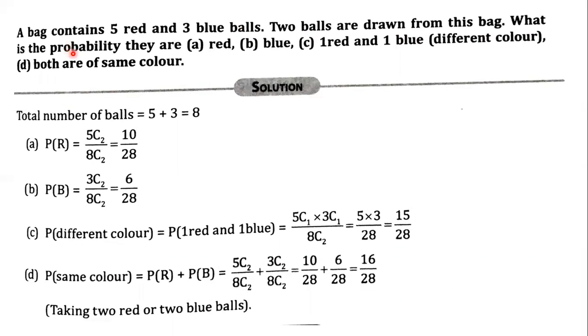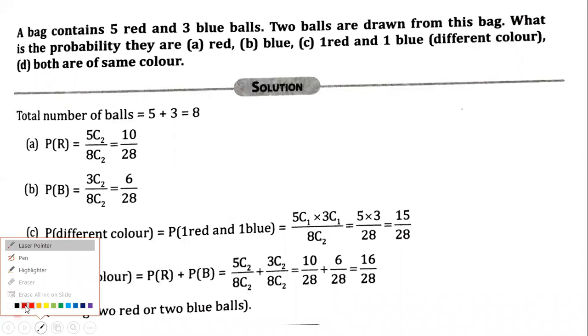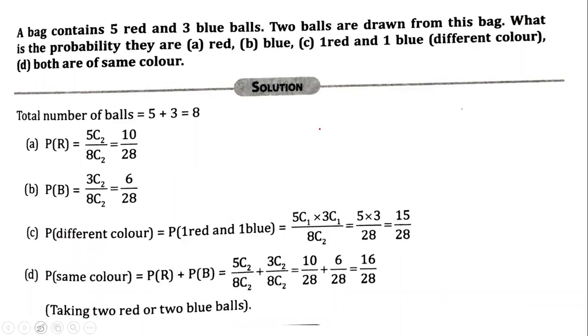Two of the balls are drawn at a time, out of 5 plus 3, out of 8 balls that are present, 2 balls are randomly selected. Out of these 2 balls, what is the probability of getting a red ball?